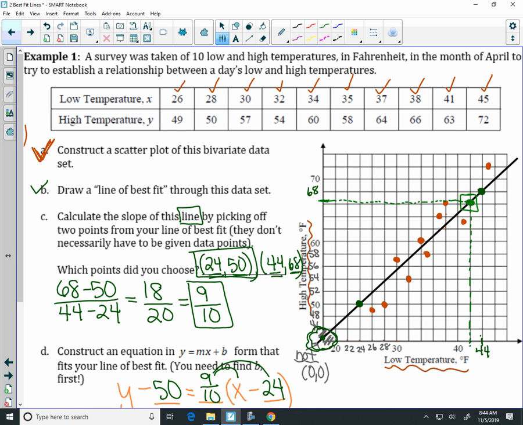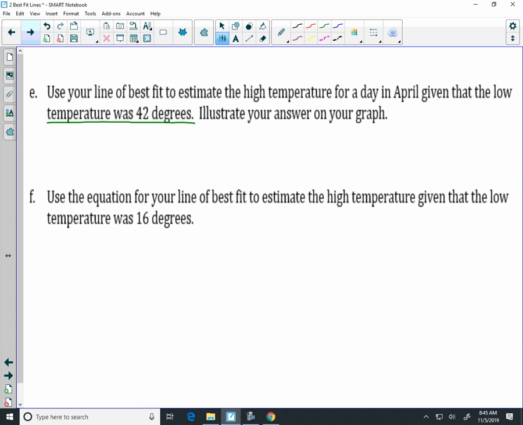That was 68, so that's 66. So I would say on our line, it's just about 66.5. And illustrate on your graph just means put that point there and make it obvious to us.